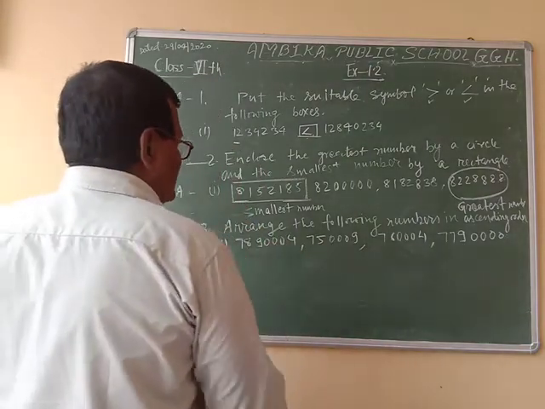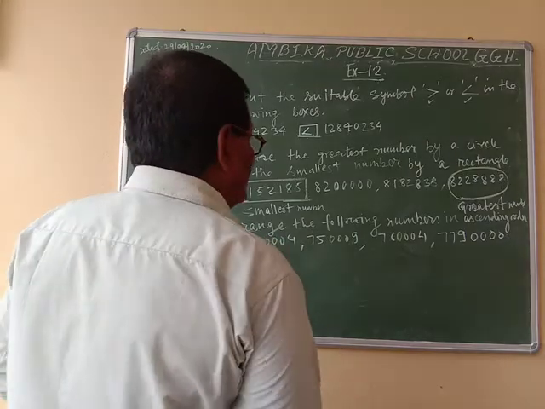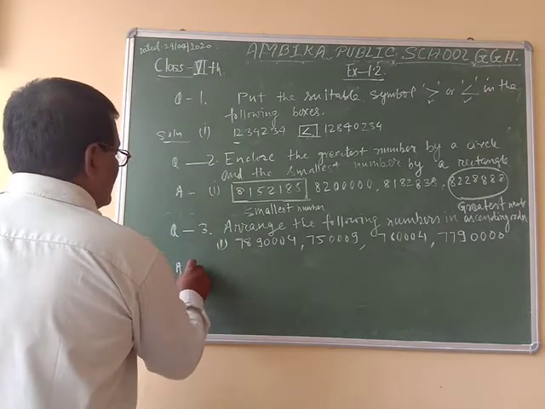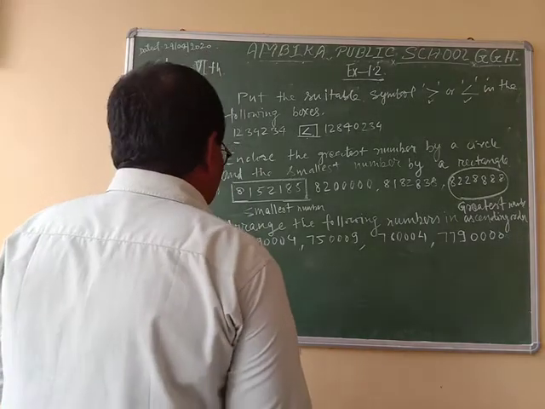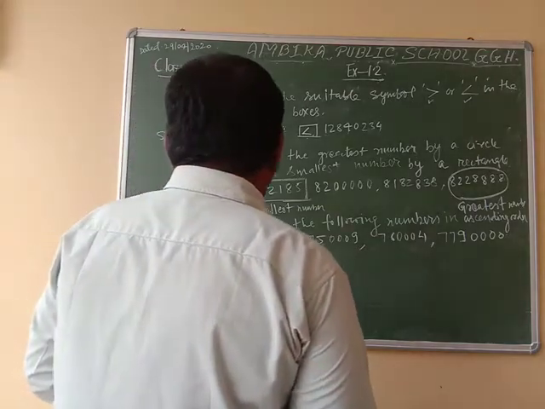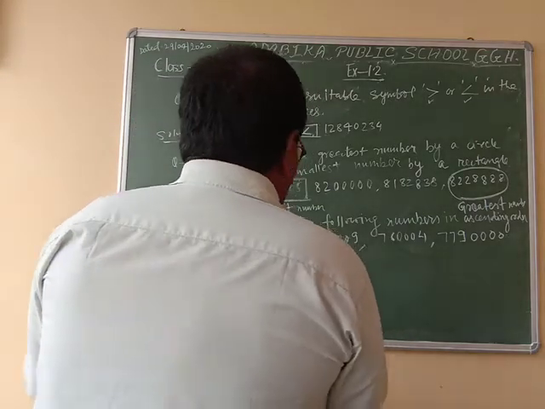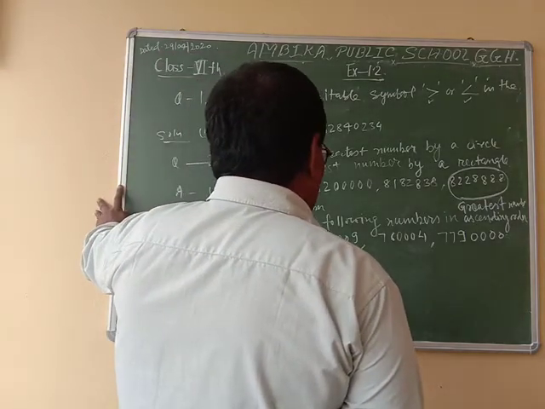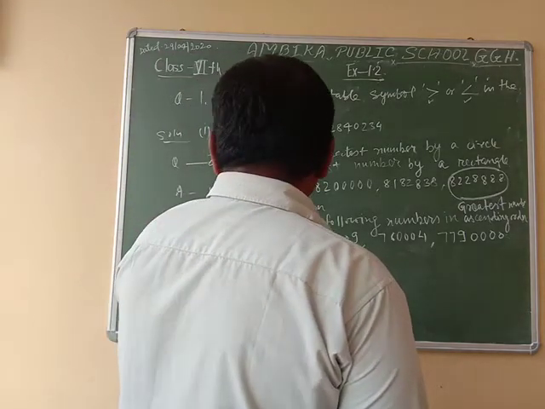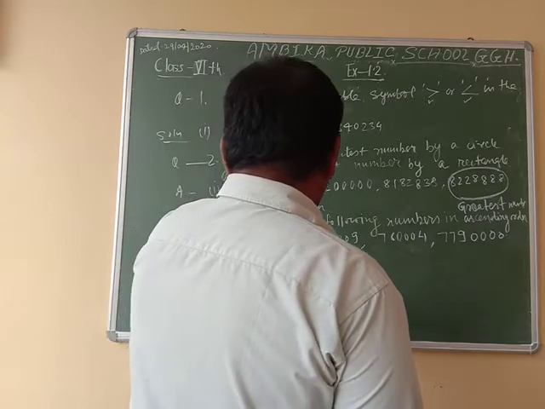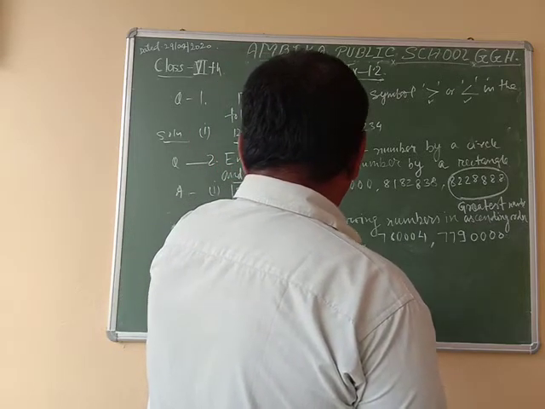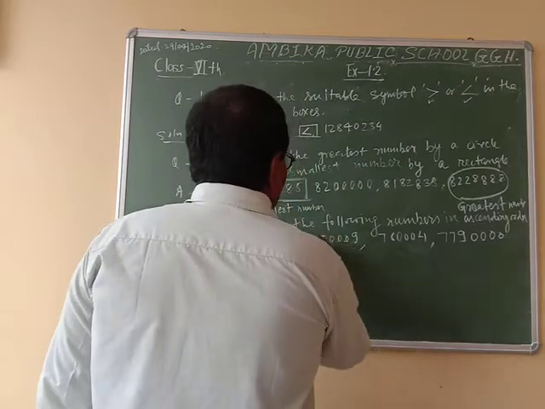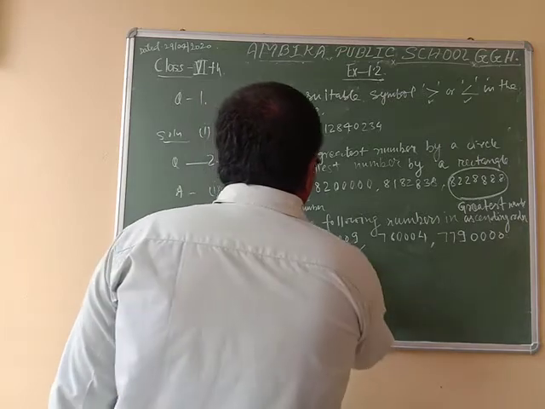We have to arrange these numbers in ascending order. To write in ascending order, we write at first the smallest number. In the following numbers, we have to choose which is the smallest. Seven lakh 50,009 is the smallest.